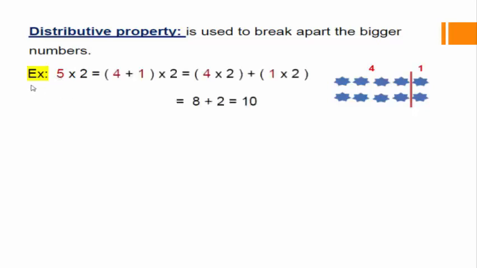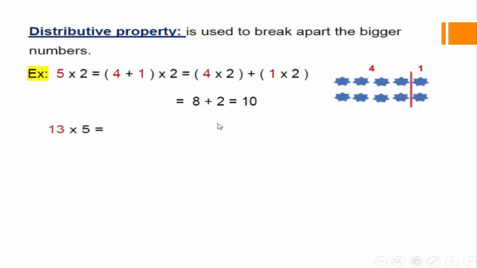So 5 equals 4 plus 1, times 2. Distribute the multiplication. So 4 times 2 inside the bracket plus 1 times 2 inside the bracket. 4 times 2 equals 8, plus 1 times 2 equals 2. 8 plus 2 equals 10.